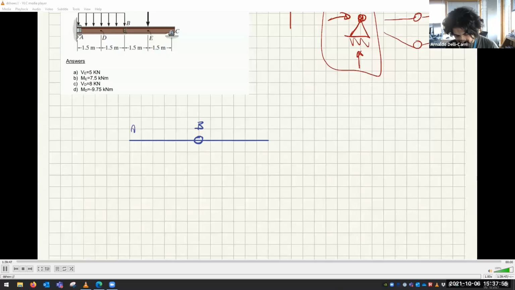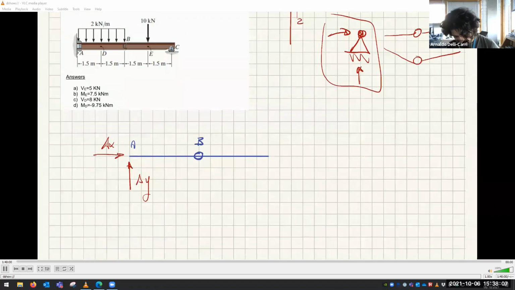So how many reaction forces do we have at A? We have AY for sure. We have AX for sure. But we also have a moment, MA. These are the 3 reaction forces that you have for a fixed support.